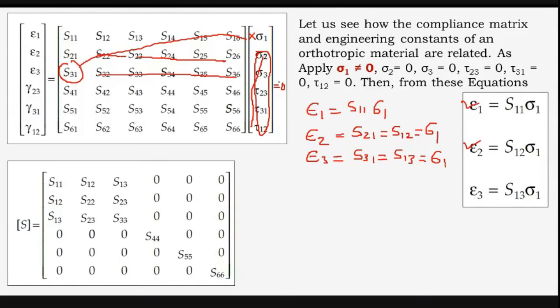Here you have all the components. S11 is epsilon 1 upon sigma 1. S12 or S21 is epsilon 2 upon sigma 1. And S13 or S31 is equal to epsilon 3 upon sigma 1. So we can get all these S components in terms of the stress and strain.